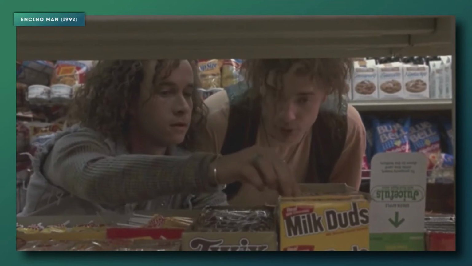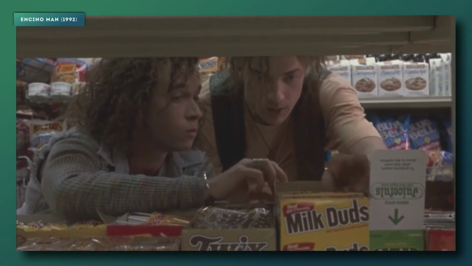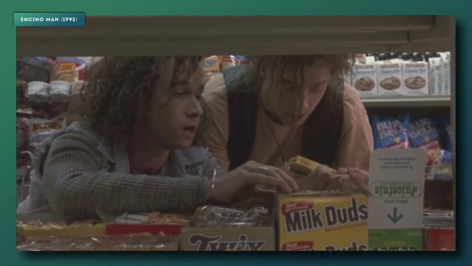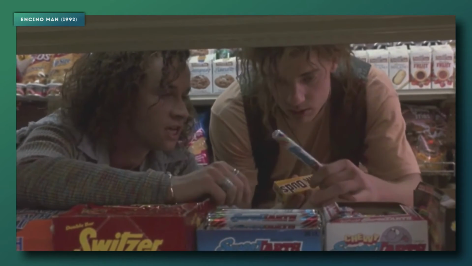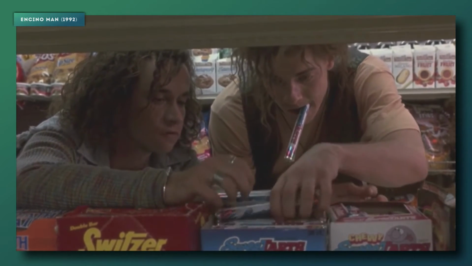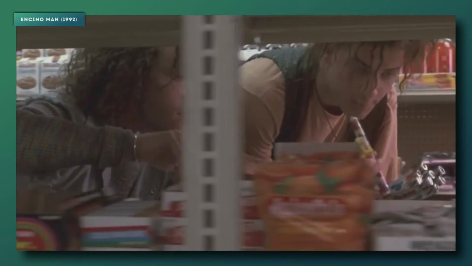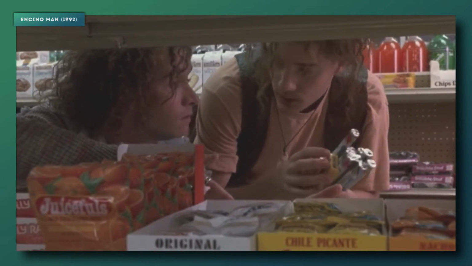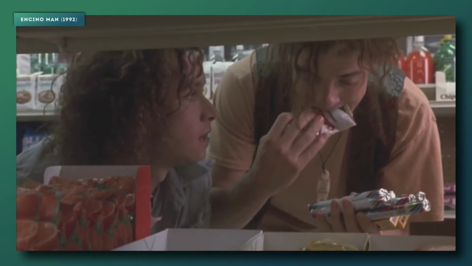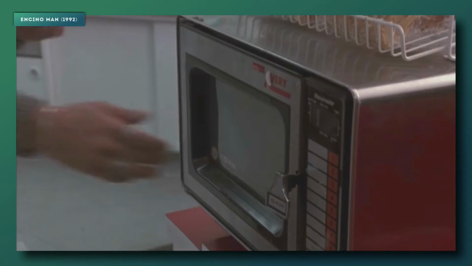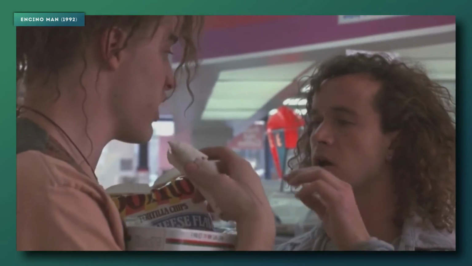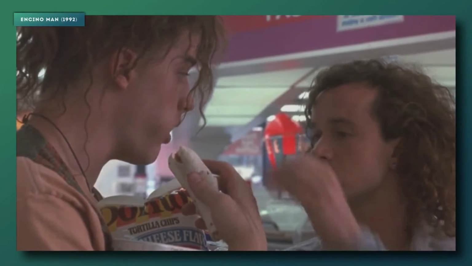Dairy group. Milk Duds. You hide these under your pillow, bro, so your mom doesn't find them. If she does, you're tweaked, buddy. Keep on cruising. Fruit group. Sweet Tarts. These are killer, buddy. So citrusy, dude, you'll freak. Keep on cruising. This is the vegetable group. Oh, corn nuts. Put them on a pedestal, bro. Look at that. Those are killer. Meat group. Come on. Take the meat group. These are my favorite. Hey, you gotta be equal. Equals. 50-50 here.